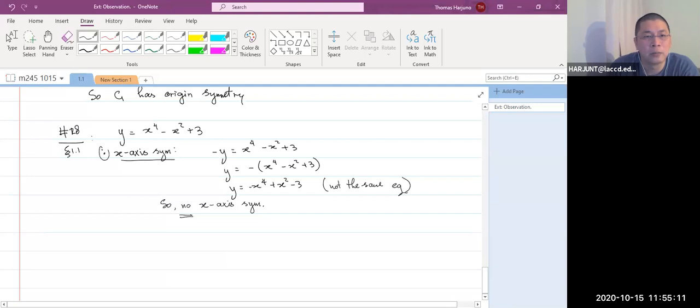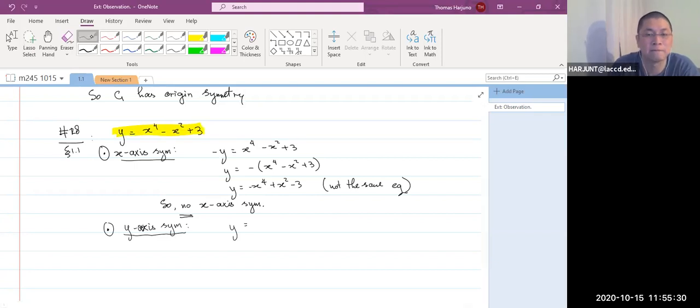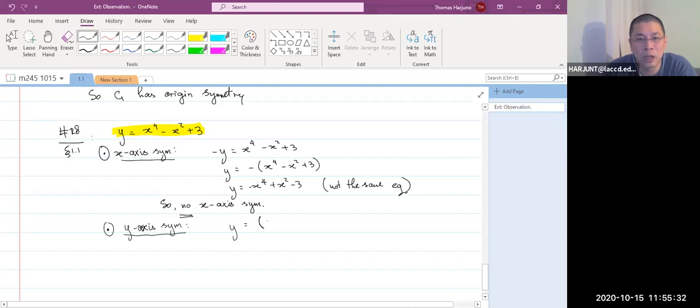Okay. Second, the y-axis symmetry. To check that, I replace x by negative x. I copy the same equation and just replace x by negative x: negative x to the 4th, minus negative x squared, plus 3.